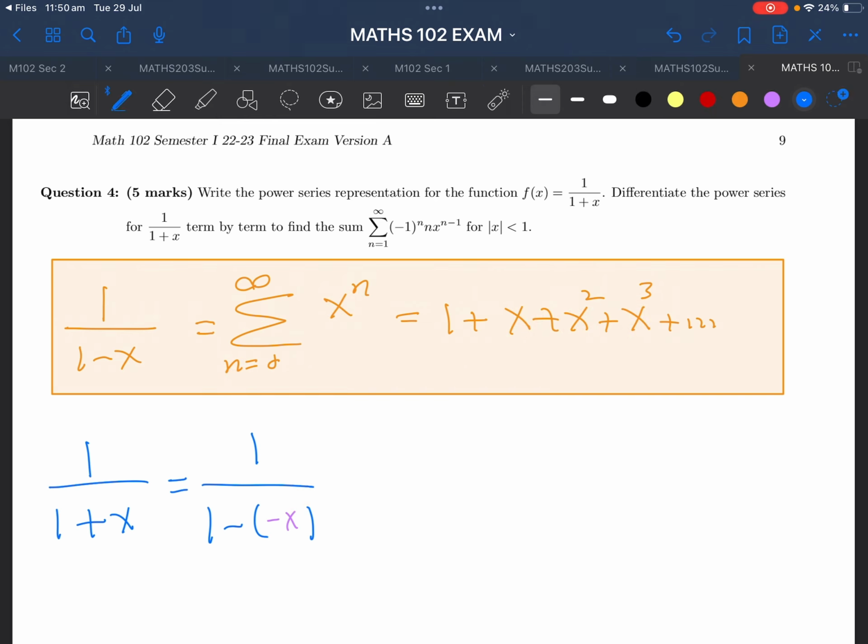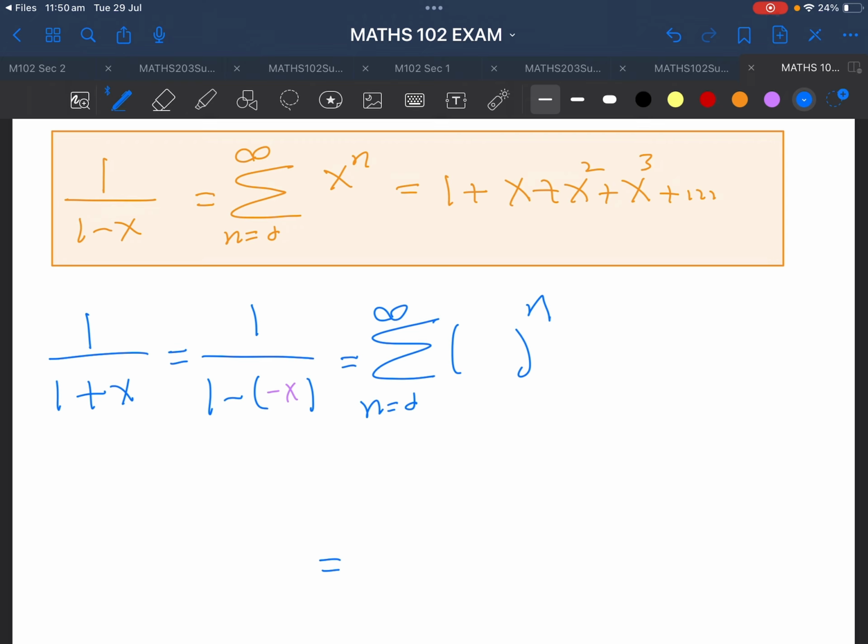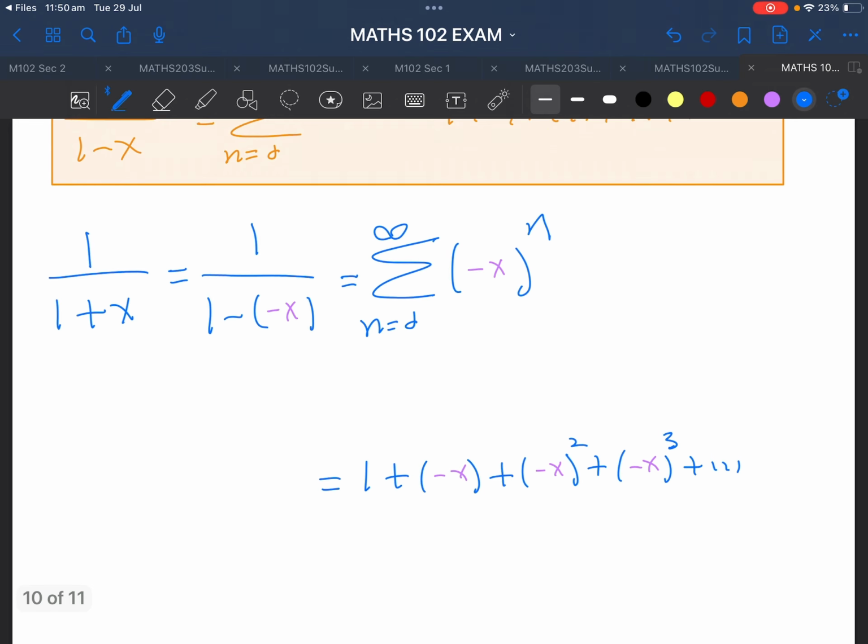So this would be equal to the same formula in closed form, with minus x to the n. Or if I do it in expanded form, instead of x, I will just make an empty bracket. Later, I will fill it out. What do I fill this empty bracket with? I fill it with negative x, negative x, negative x, negative x. Now, let me go to the closed form and do something about it.